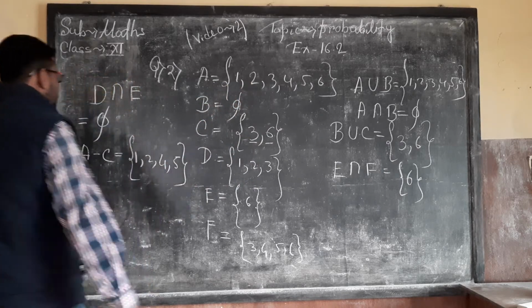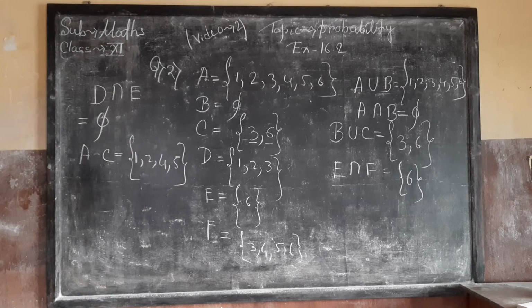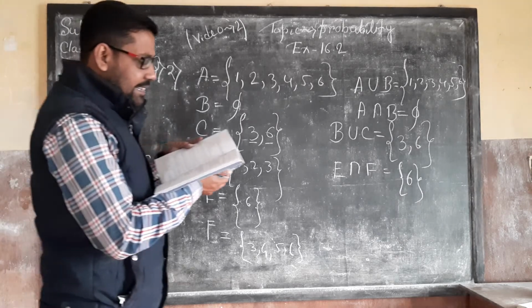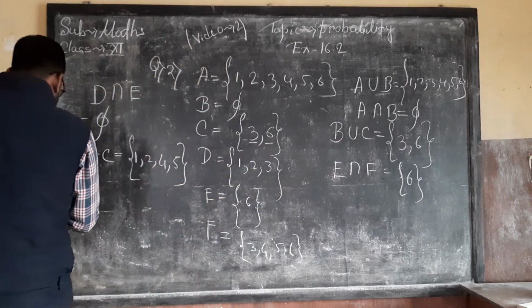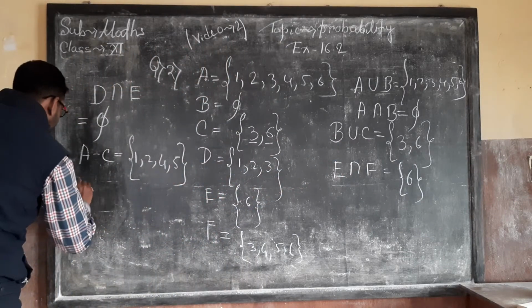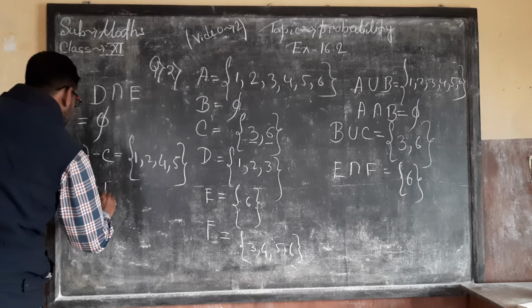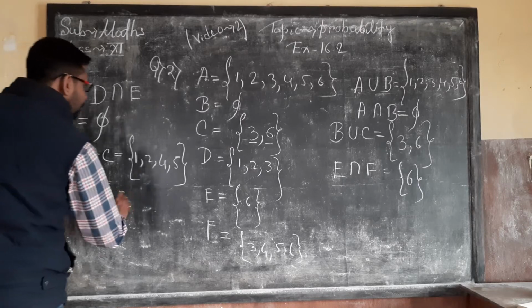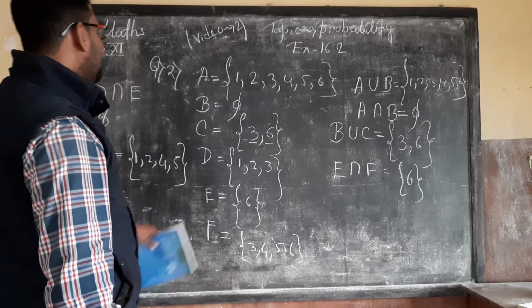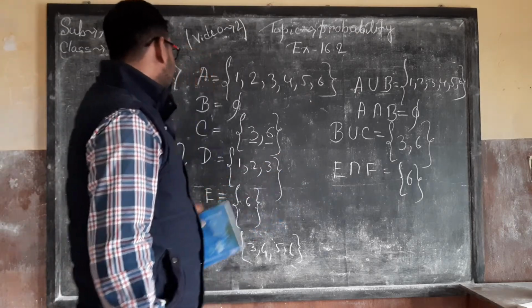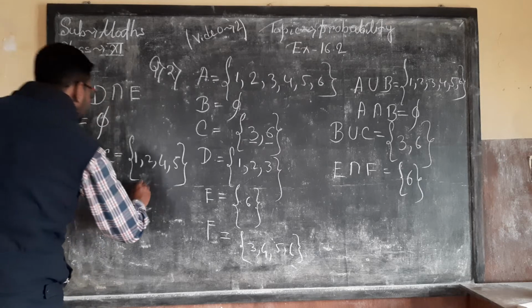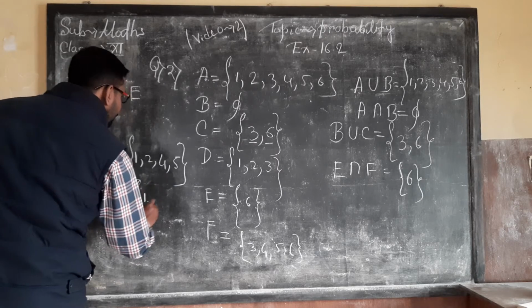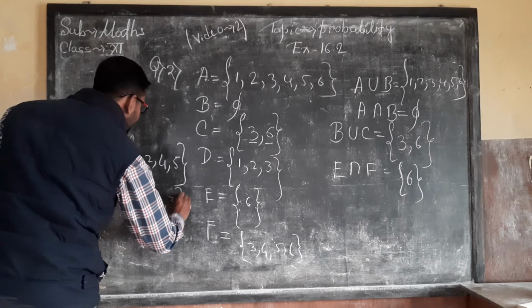That is the answer for A minus C. After that, D minus E. What is the value for D? D contains 1, 2, 3 and E contains 6. That means after performing D minus E, the result is 1, 2, 3.